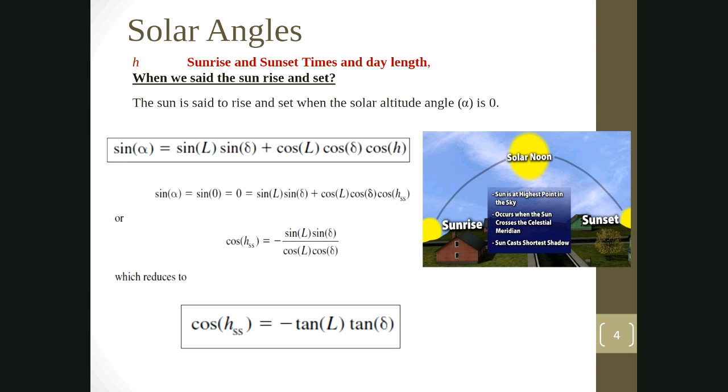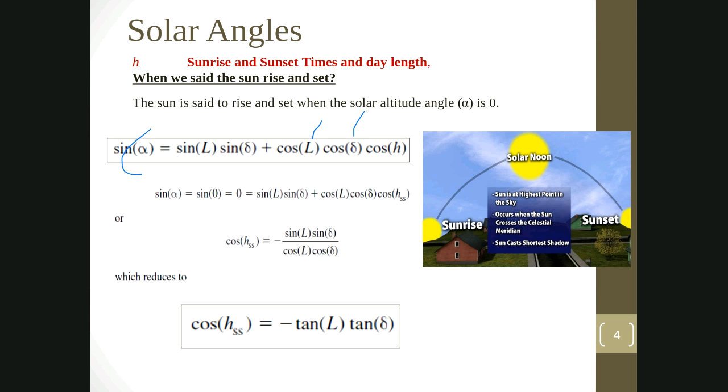We will go to the solar altitude equation. At sunrise, I don't have altitude, so alpha equals 0. Sunrise also, the angle of the altitude equals 0. If I substitute the value of the altitude here equal to 0, then I find that the sunrise or sunset is a function mainly of the declination and the latitude.